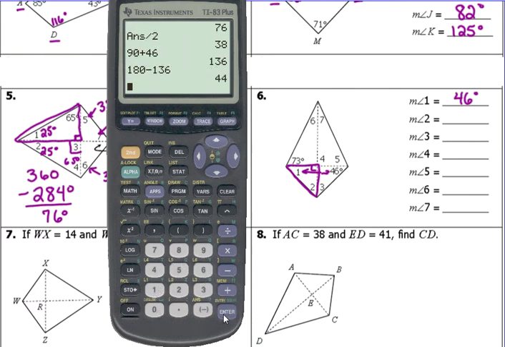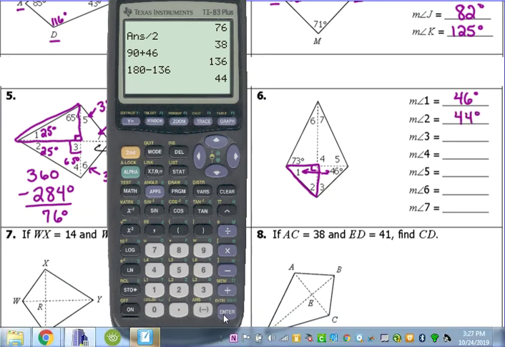Take that away from the 180 that's in the triangle, and we've got 44 left for angle 2. Angle 3 is congruent. Angle 4 is a right angle there in the middle of the kite. Angle 5 is congruent to the 73 degrees.